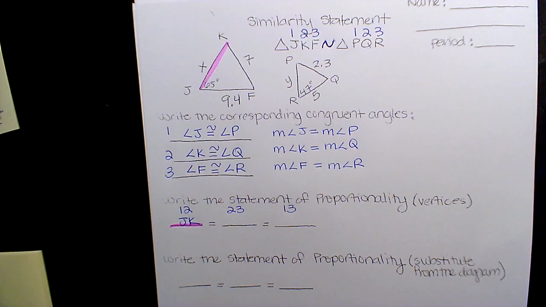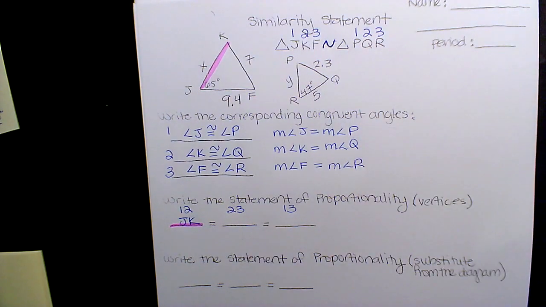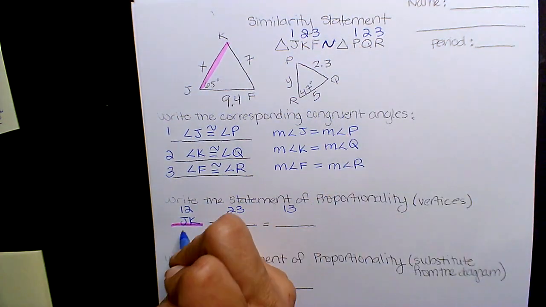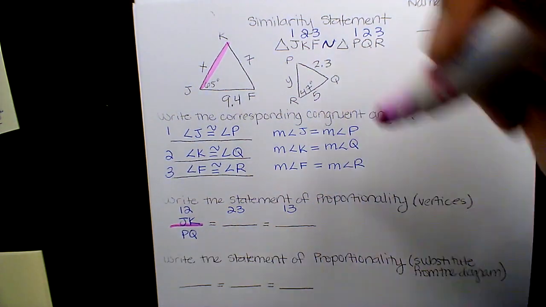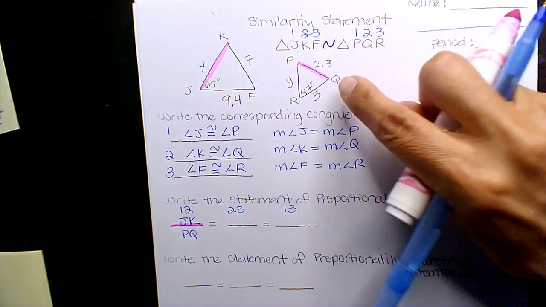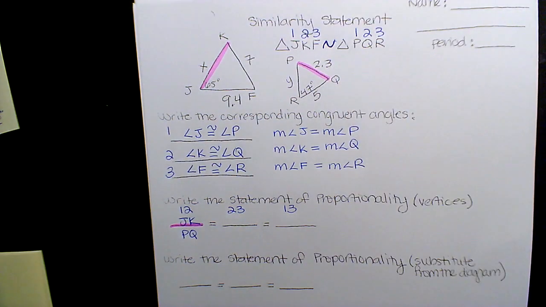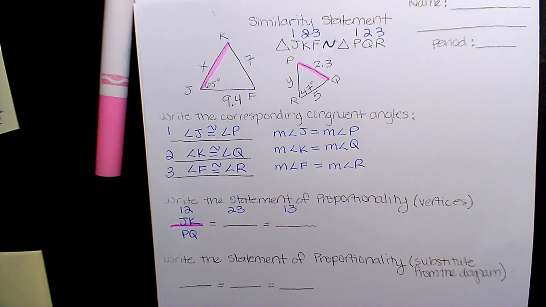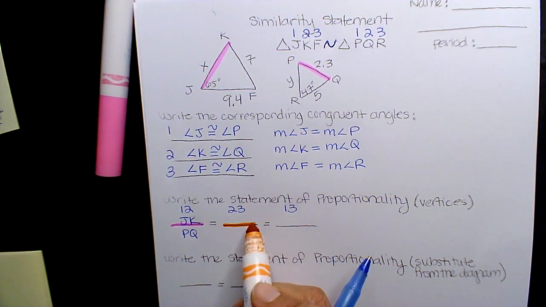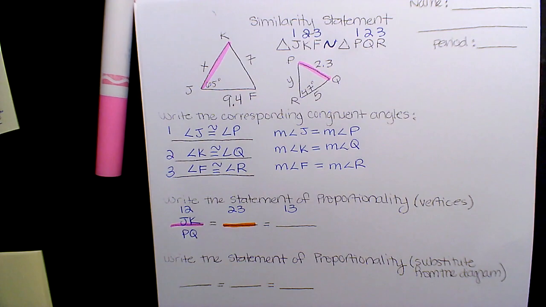What are the two letters on this triangle? Yeah, PQ. So that pink side correlates to that pink side. The statement is what's going to give it to you. Next, grab the second and the third letter.